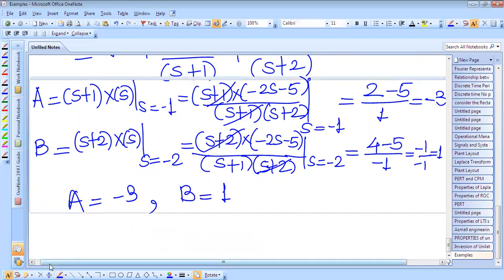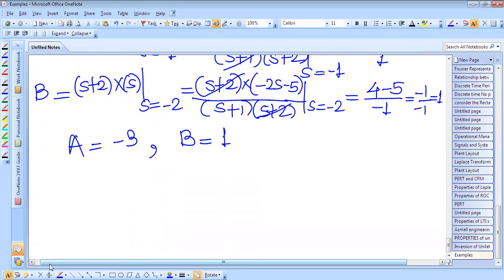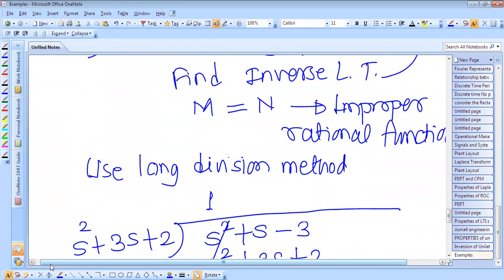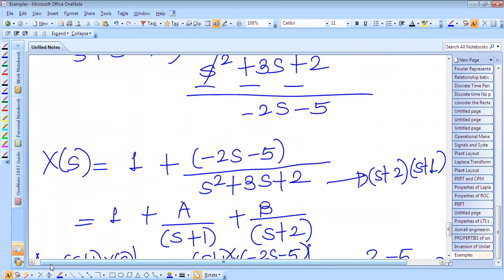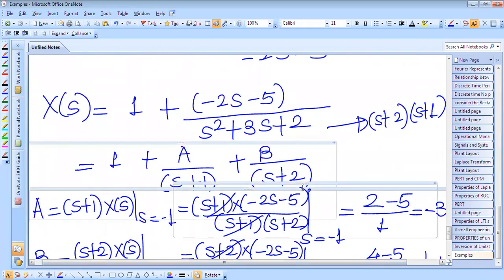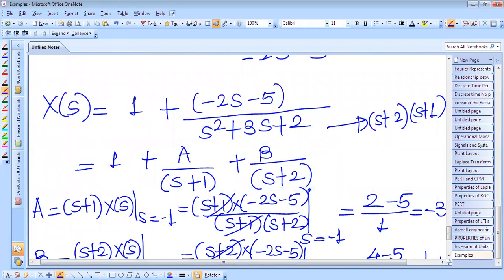You can put these values in the given equation. Suppose we give this equation number 1.